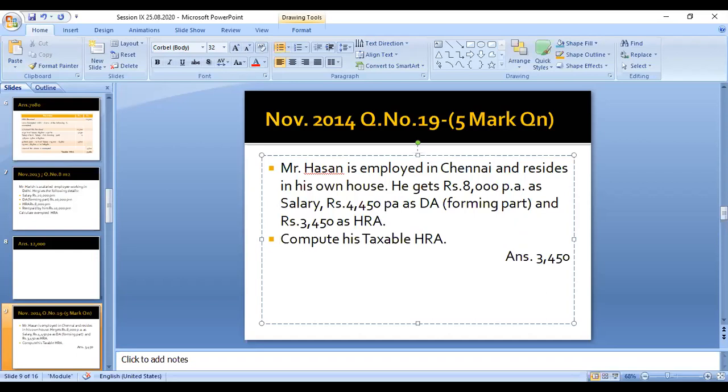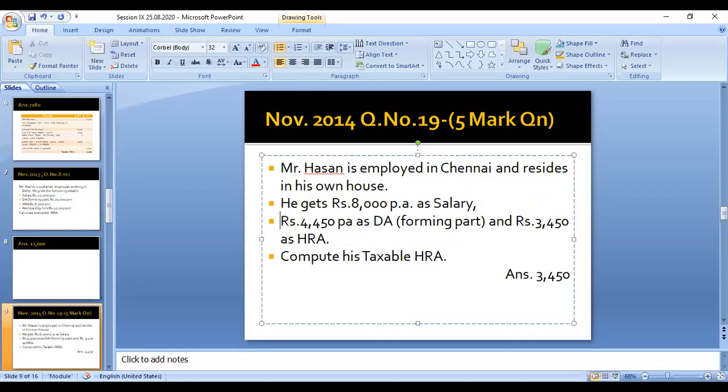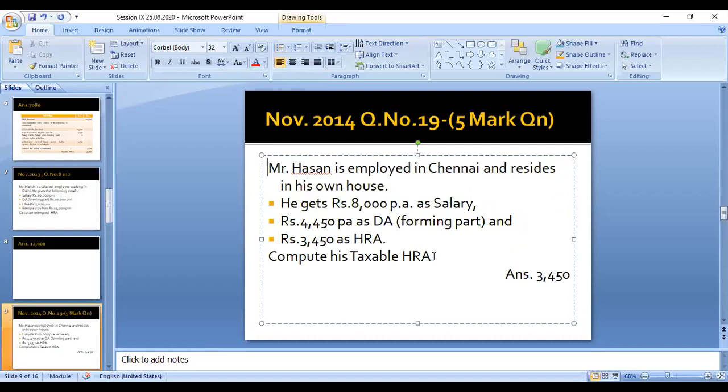So this is a person living in Chennai. So he is getting a basic salary, DA of 4,450, and HRA he received is 3,450. Now from the information they asked to calculate taxable HRA.